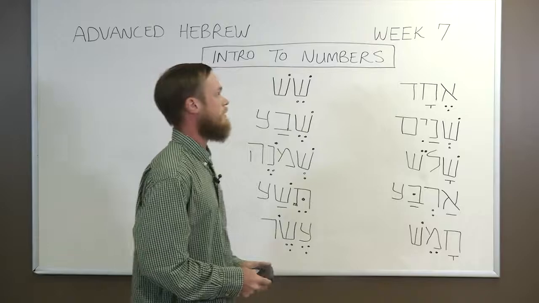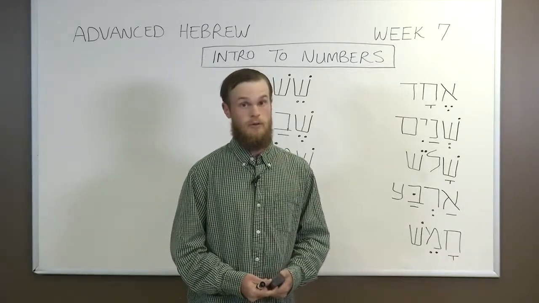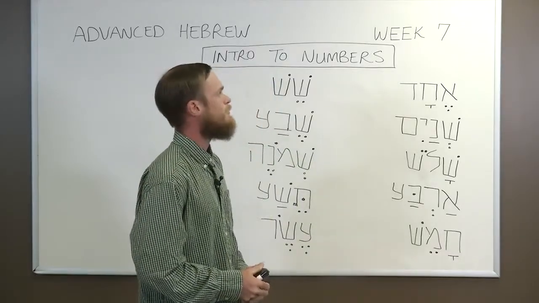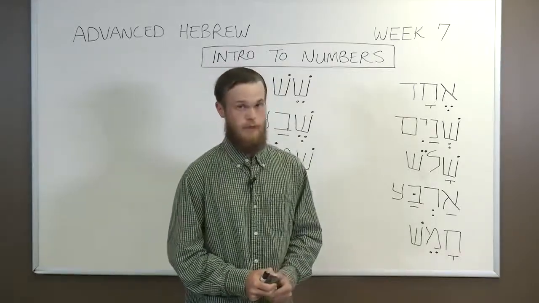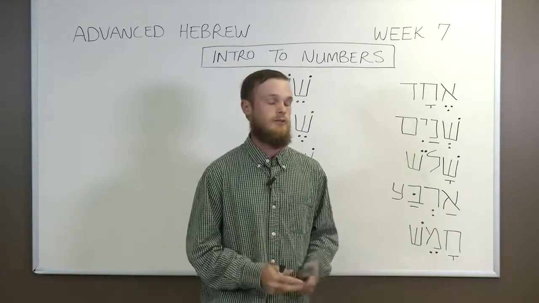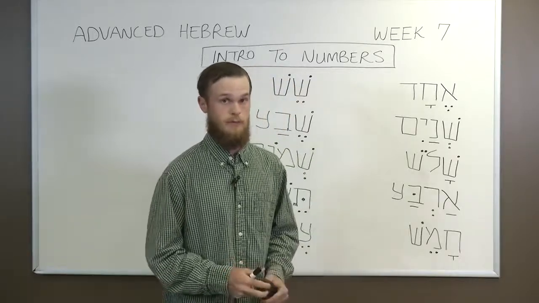So, cardinal numbers in Hebrew have two genders. Okay, they can be masculine or they can be feminine, and they have two ways they can function. The first function I will introduce is numbers functioning as adjectives.